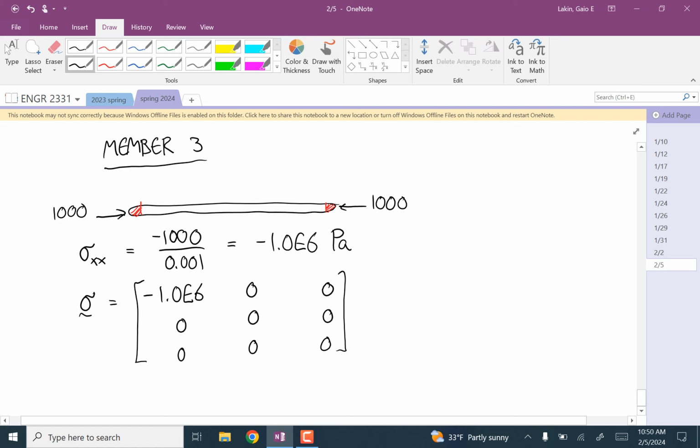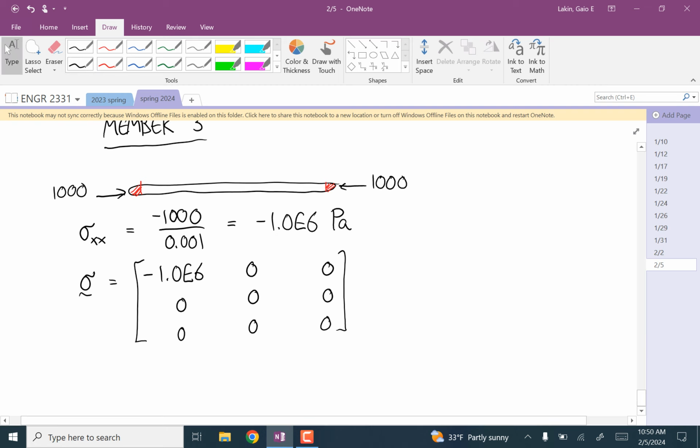And then the maximum shear stress would be just half of this? Half of that, exactly. It's the maximum shear stress, not the maximum strain, remember. The maximum shear stress absolute value would be 0 minus negative this, so it would be 5 times 10 to the 5.